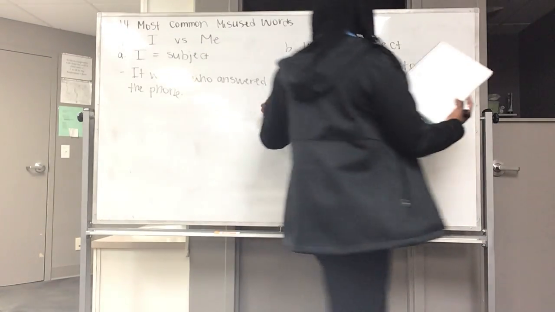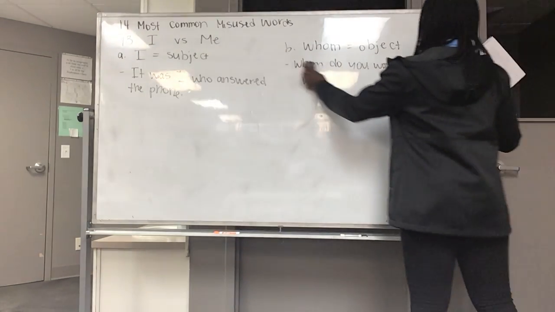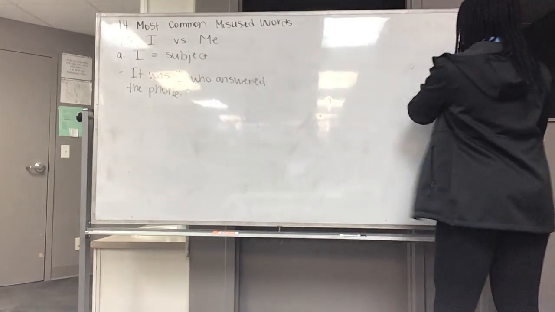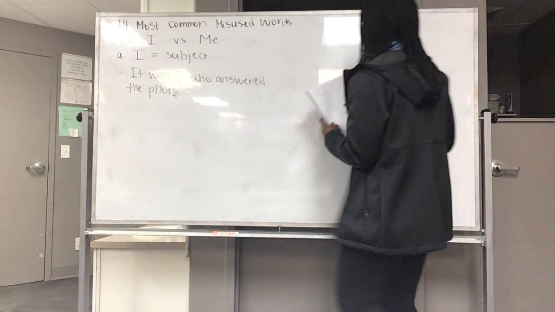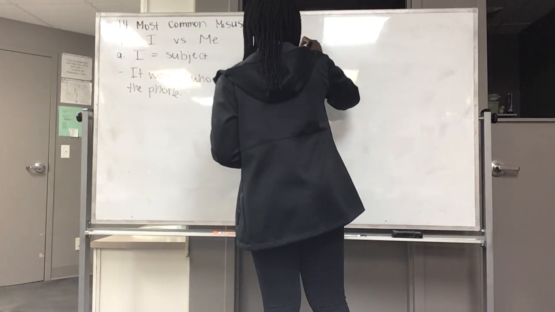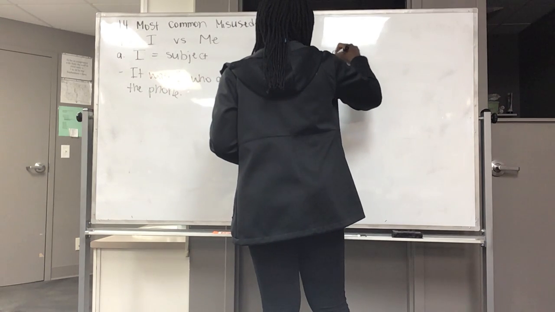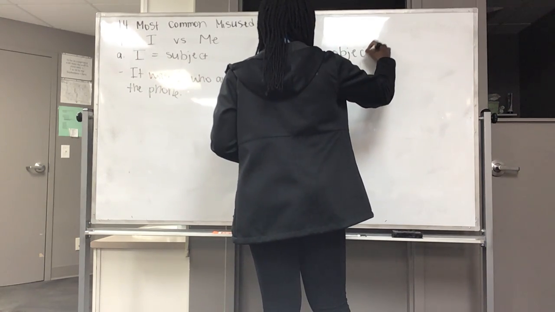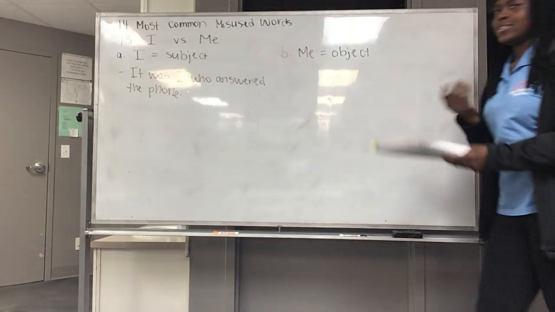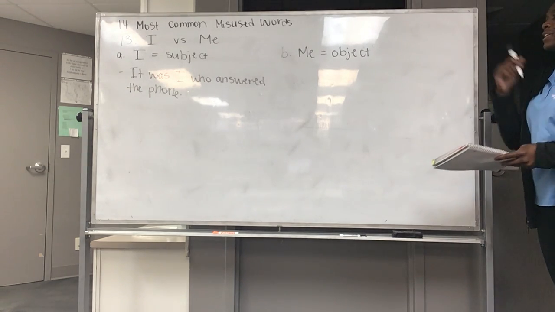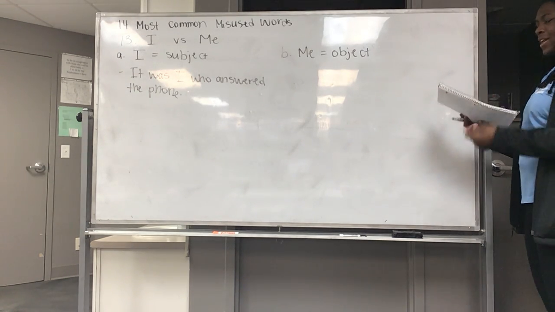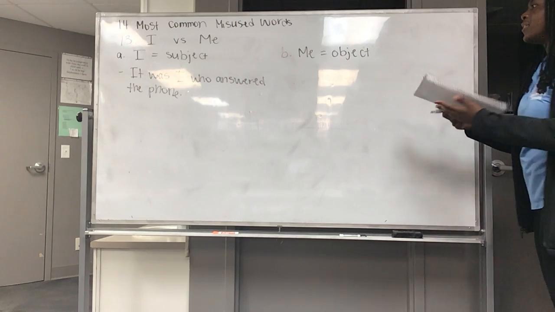And then when we talk about me, me usually goes along with the object. I said that I is the person performing the action. Me is going to be the person that the action is being done to.